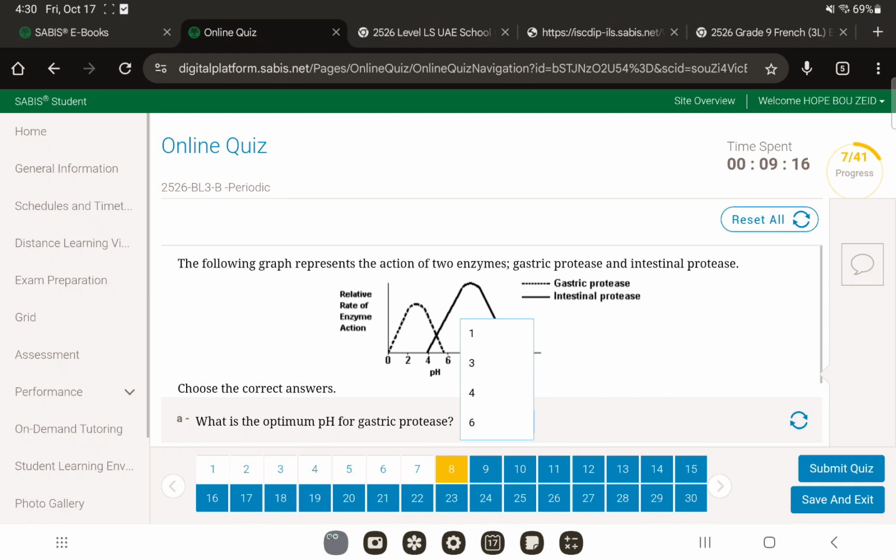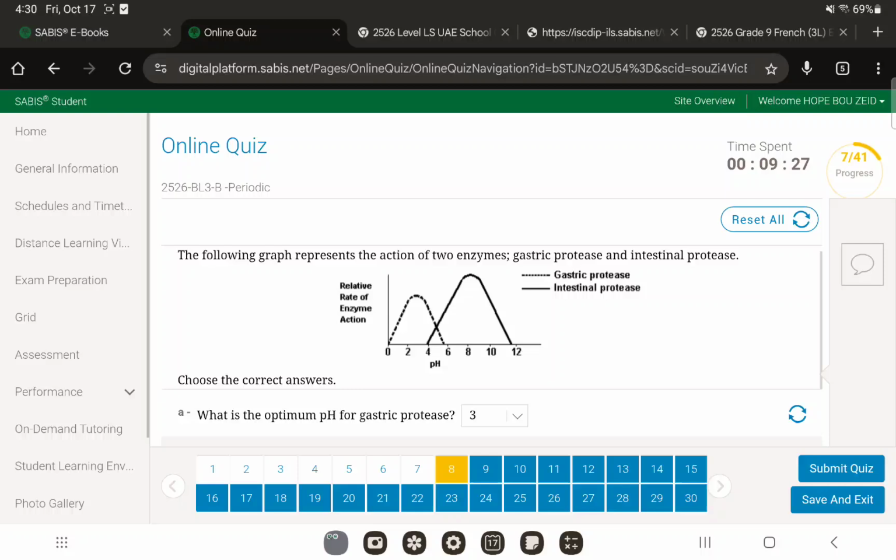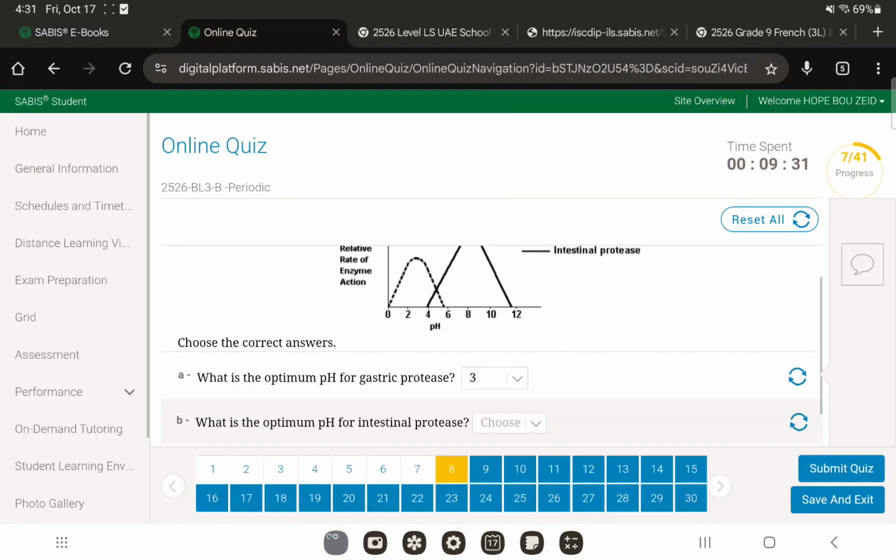For gastric protease, the dotted line, it is 3. For intestinal, the normal line, it is 8.